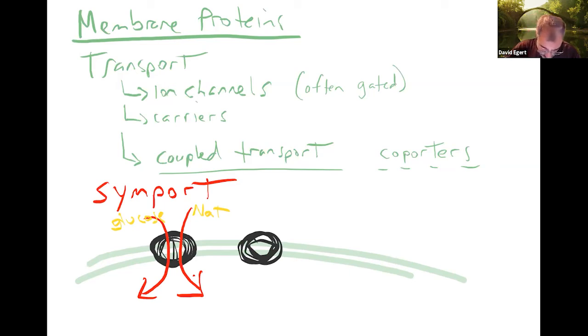Another option is what we call an antiport, where one thing goes in and one thing goes out. We're going to see really important antiports, for instance, where sodium leaves and potassium comes in.